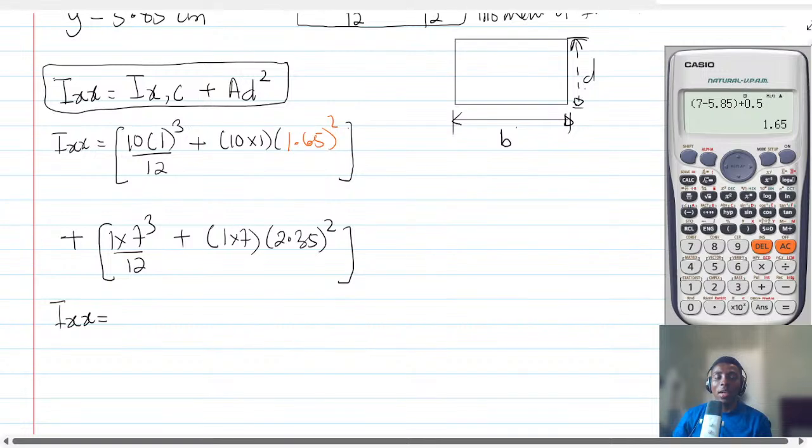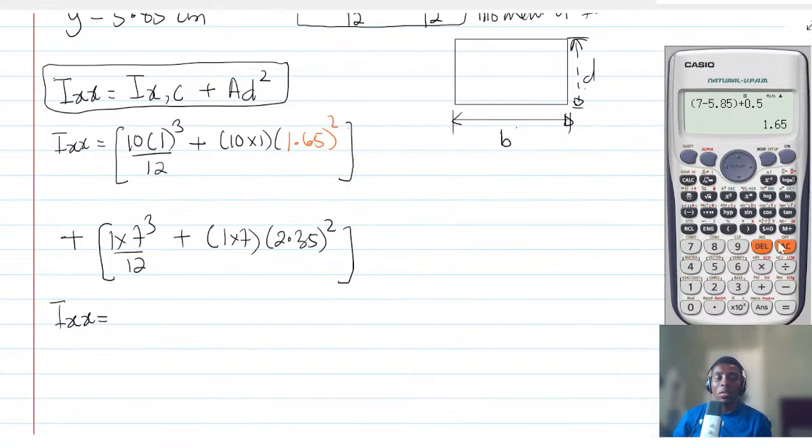So what will be the answer? The answer is going to be 10 times 1 cubed divided by 12 plus 10 times 1, which is the same as 10 anyways. Then what you do is 1.65 squared.